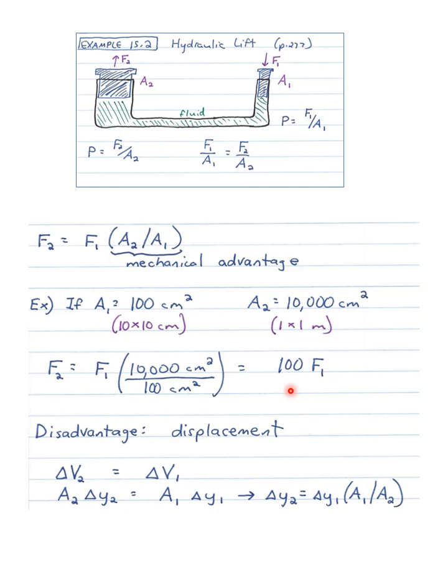And so if I want to lift something, the car for example, the car has a mass of 3,200 kilograms. Okay, so that's a weight of about 7,000 pounds. All I need to do is push on the piston on the left with 1/100th of that, with 70 pounds, and that will lift up the car.